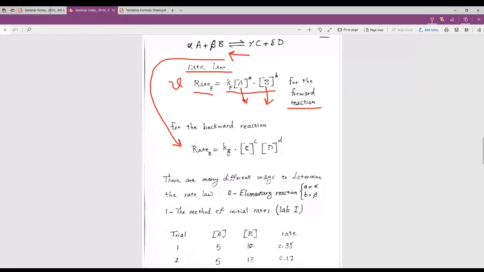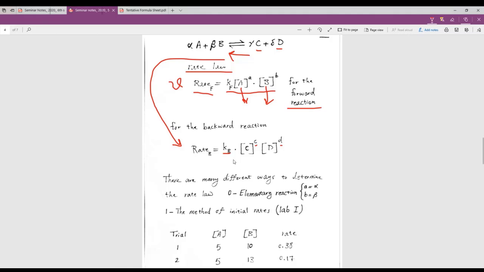So we should have another rate constant, and the concentrations are the concentrations of the reactants for the backward reaction. For the backward reaction, now C and D are the reactants. So C raised to the power of little c, and then D to the power of little d.